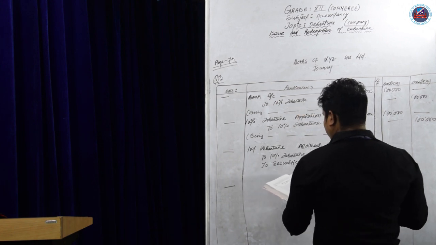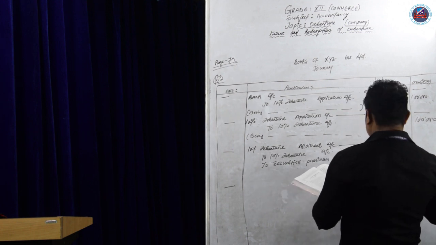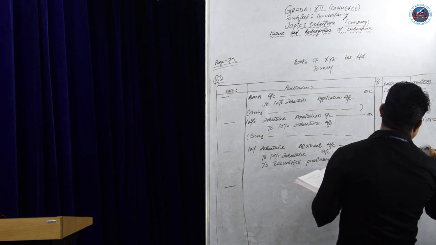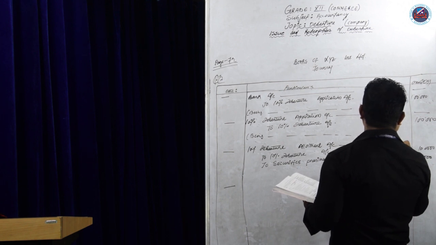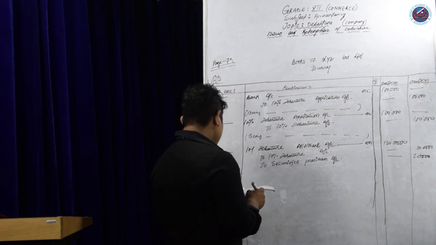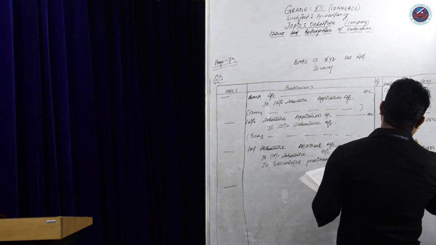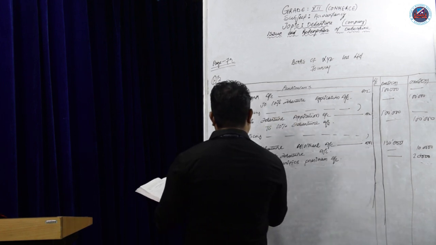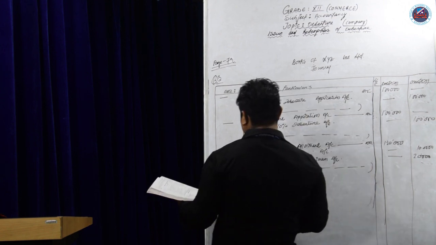If you multiply 10 rupees here, 2000 into 10 is 20,000. Here comes 1 lakh, so the total amount will be 1 lakh 20,000. Narration same, being the debenture allotment money due with securities premium.